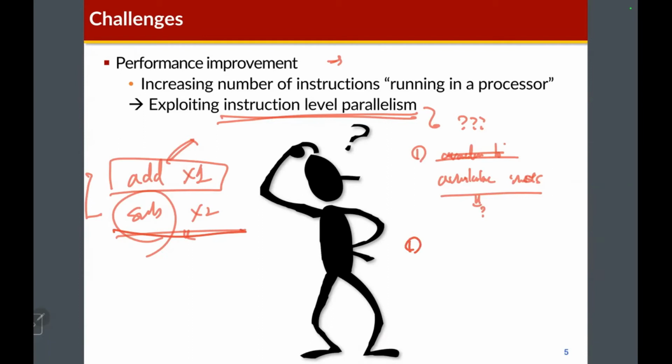The programmers, the software, view that the instructions are executed in order, but in a processor, this assumption is broken. Then how can we provide this in order execution assumption held by software programmers?